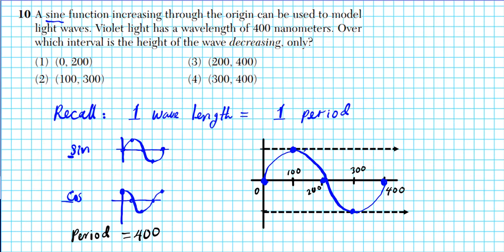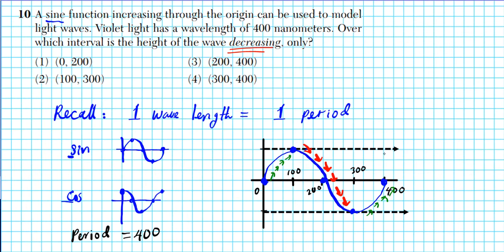The problem asks for where it is decreasing only. So if you take a look at this graph from 0 to 100, what's happening? It's increasing all the way to 100. And then after it hits its maximum, it reverses course and starts to decrease all the way down to 300. And then it hits its minimum, reverses course again, and increases back to the center.